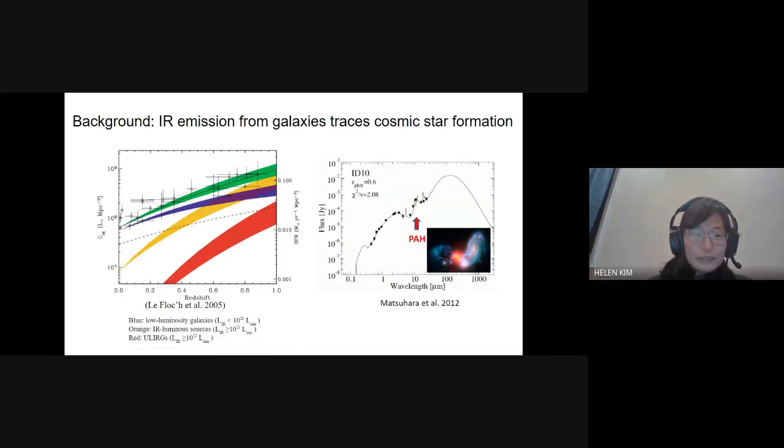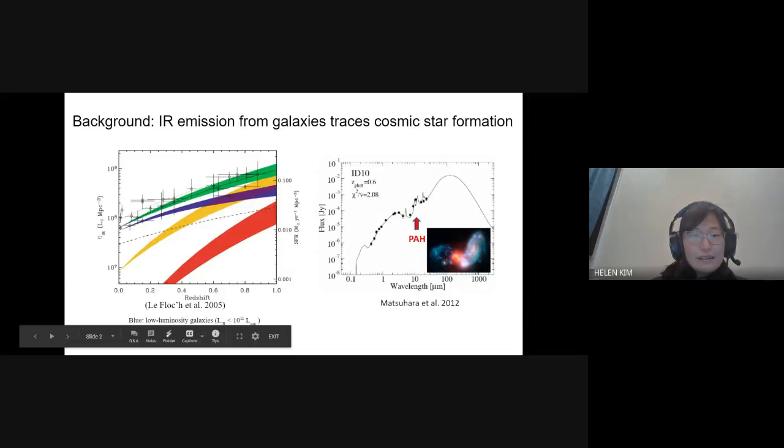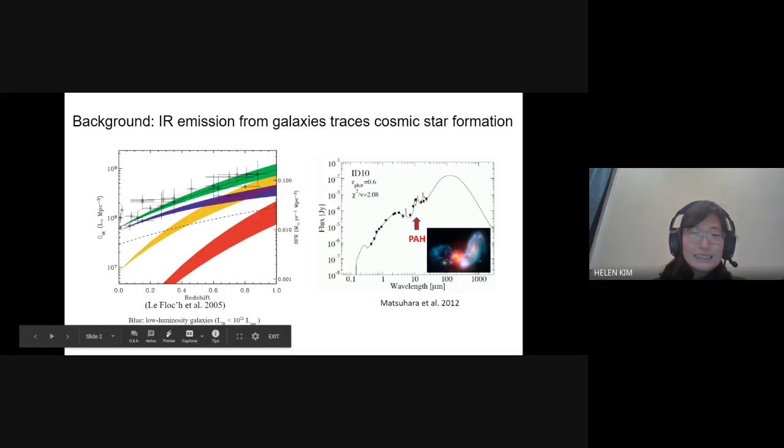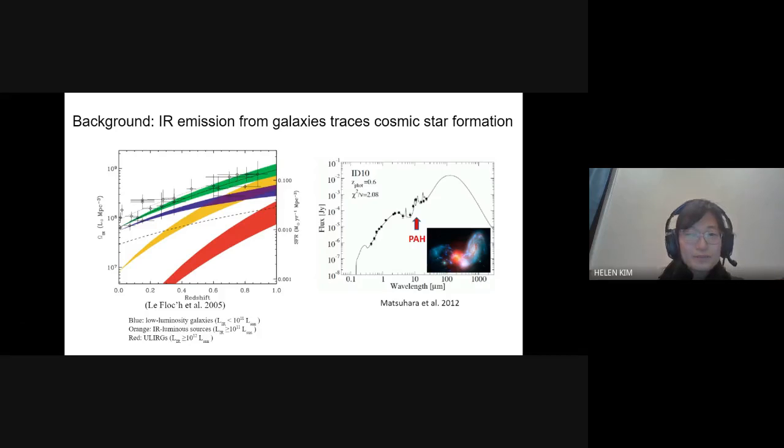The blue line shows the low luminosity galaxies, while orange and red show infrared luminous sources and ULIRGs, respectively. So as we look at the energy contribution in the infrared, we can see that the contributions from more infrared luminous sources becomes higher at higher redshift, around redshift 1.